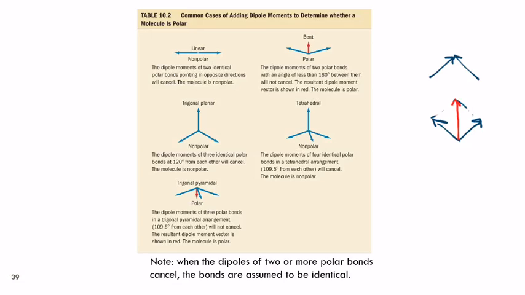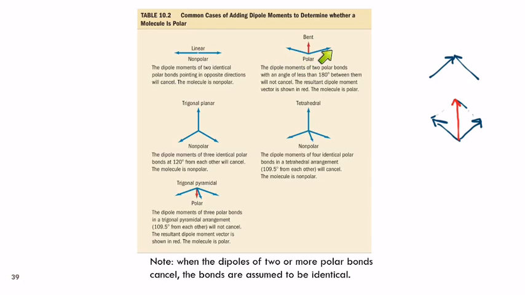So here are some common cases. If you have a linear molecule and the dipole moments or the bonds are the same, you're going to have a net 0, and it'll be nonpolar. If you have trigonal planar and it's the same kind of bond, the same dipole moment for each, it's going to be nonpolar. If you have a tetrahedral shape and all the bonds are the same, then you're going to have a nonpolar molecule.